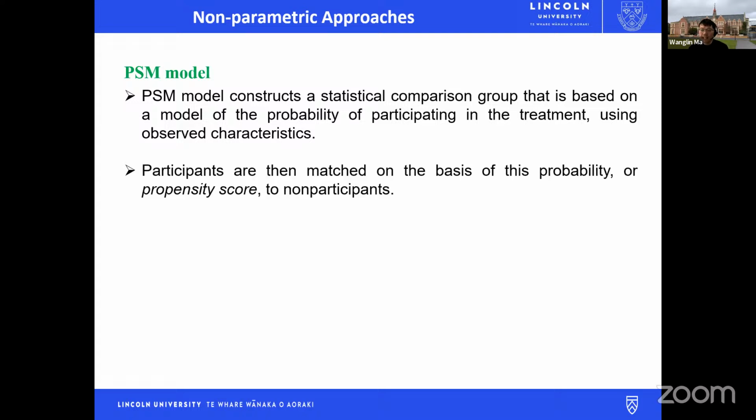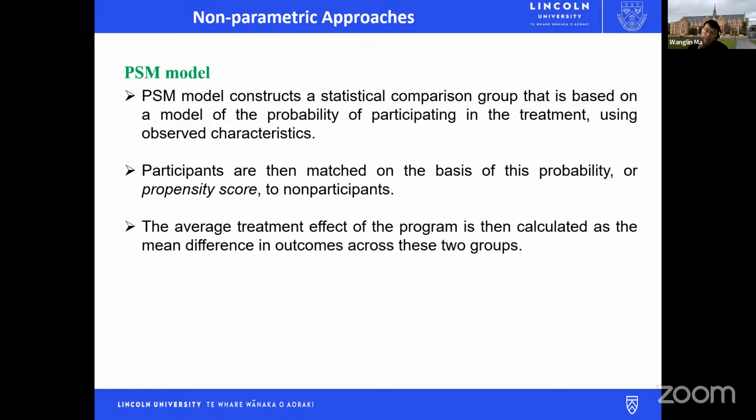Participants are then matched on the basis of this probability, or propensity score, to non-participants. The average treatment effect of the program is then calculated as the mean difference in outcomes across these two groups.